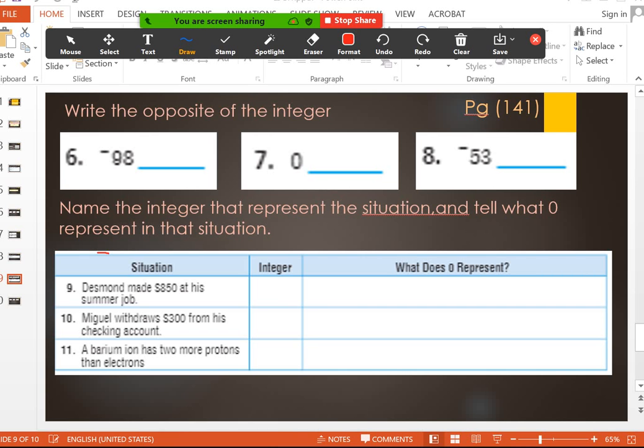If I told you the money decreased 20 riyal, that means I will lose 20 riyal from 300. But if I told you I deposited 0 riyal, that means the money will be the same. 300 will be 300. That means no change in the bank account, because we are talking about the change of the money. Now write the opposite of the integer.